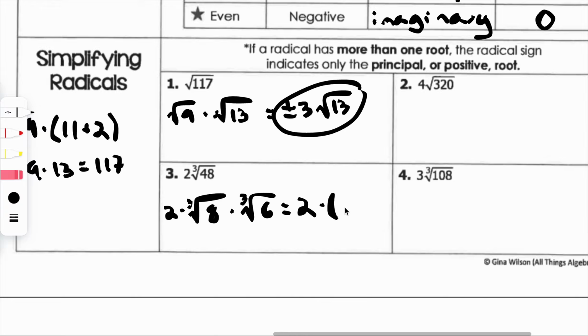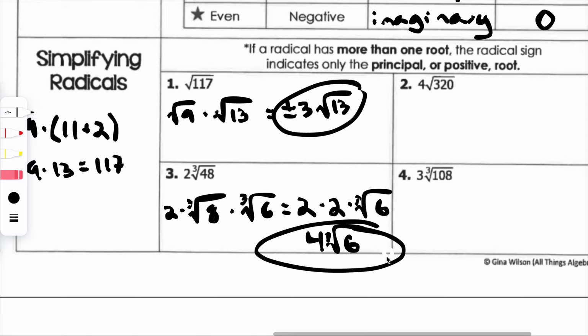Now the cube root of 8 is going to be equal to 2 and only positive 2. And then we're still going to have the cube root of 6. So this is 2 times 2 is 4 times the cube root of 6. And that's going to be our answer.